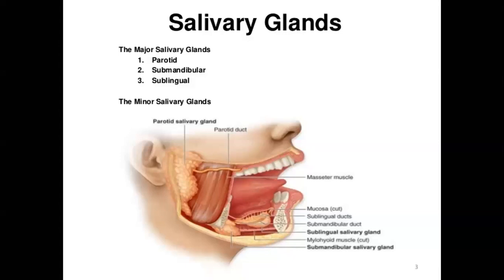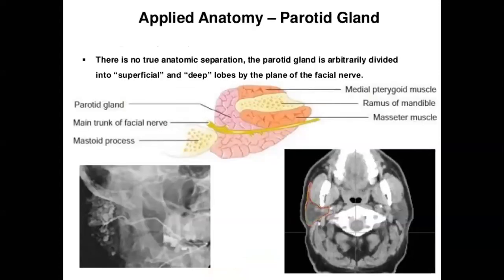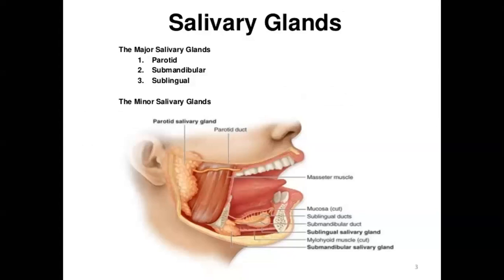The minor salivary glands have the... The parotid gland has the parotid duct, which enters opposite the second molar tooth, and it runs over the masseter muscle. And when we cut the mucosa, you can see the sublingual duct, the submandibular duct, and the sublingual salivary glands.